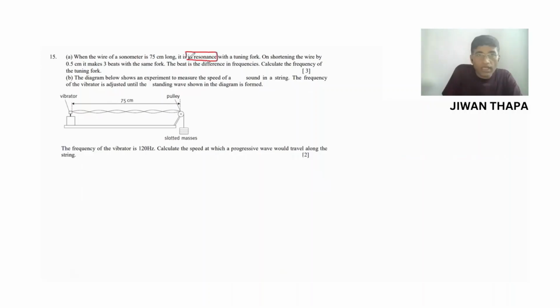The tuning fork and the wire of the sonometer are in resonance. So in order to find the frequency of the tuning fork, we compare it with the frequency of the wire of the sonometer at resonance.